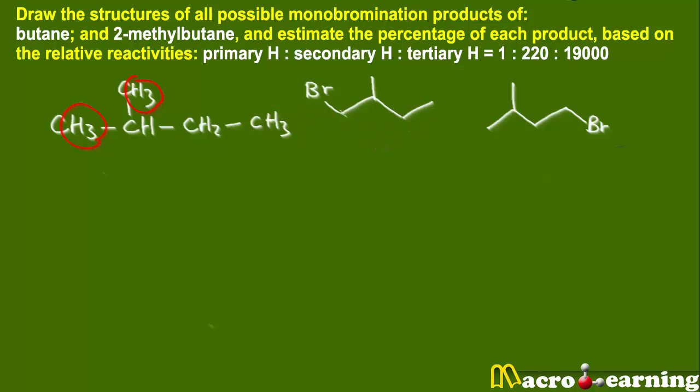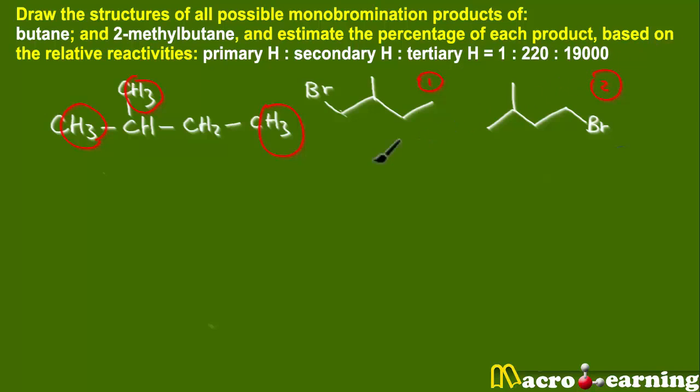Let's use the same color here actually. These hydrogens reacting with bromine will give this product. Okay, and let's call this one number 1, this one number 2.